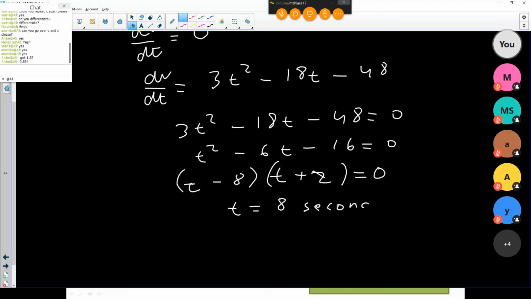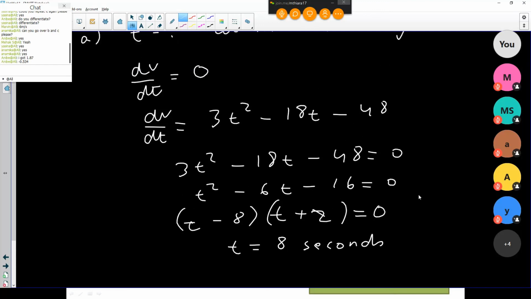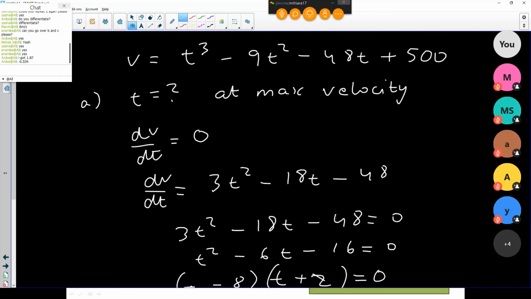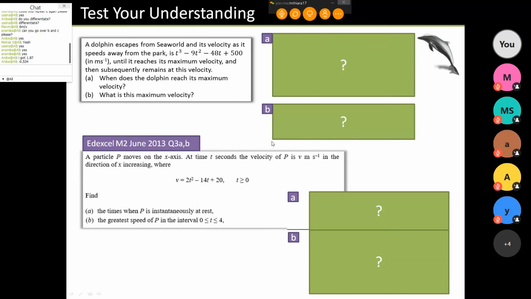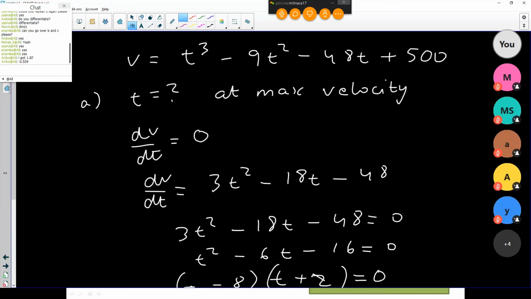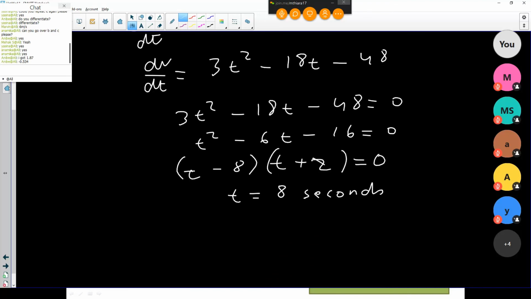So at time t equals 8 seconds, the velocity is at a maximum. Now part B of that question said, what is this velocity? What is the maximum velocity? Well, the maximum velocity is going to be when t equals 8.